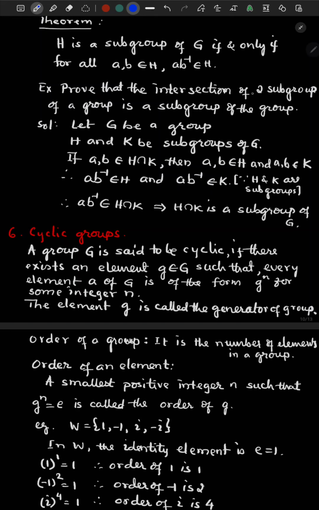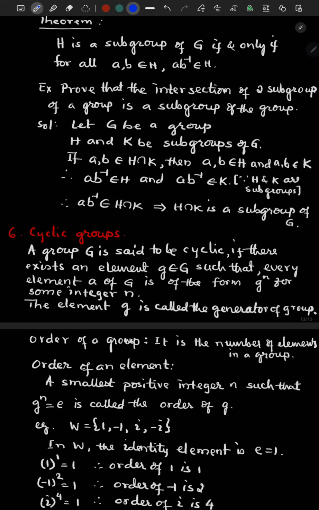Prove that the intersection of two subgroups of a group is a subgroup of that given group. The proof is like this. Let G be a group and H and K be subgroups of G. If a and b belong to the intersection of H and K, it means a and b belong to both the sets H and K. So a, b belong to H, and a, b belong to K. Now H and K are subgroups.